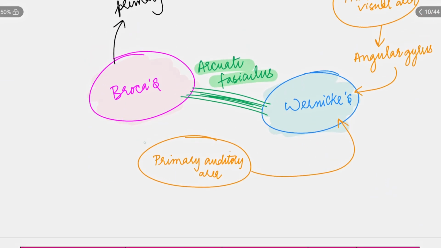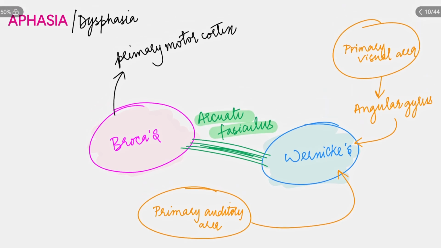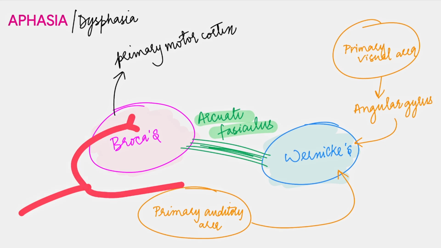All right, if we go back, Broca's area is actually situated in the frontal lobe, and Wernicke's area is situated in the temporal lobe. But whatever it is, both of these derive their blood supply from the MCA. Now, Broca's area is situated higher up, so the MCA gives up two divisions, one superior division and one inferior division.